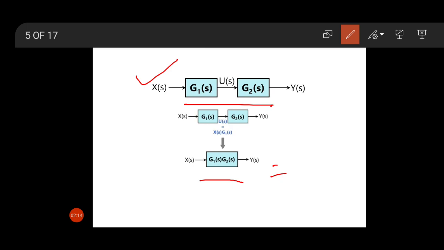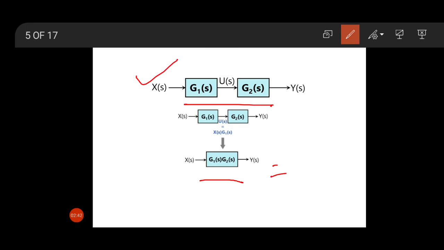After passing through the first block, the output of this first block is equivalent to XG1. Now this XG1 is passed through the next block and multiplied with its gain G2.